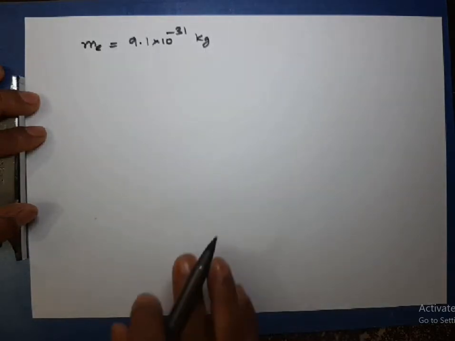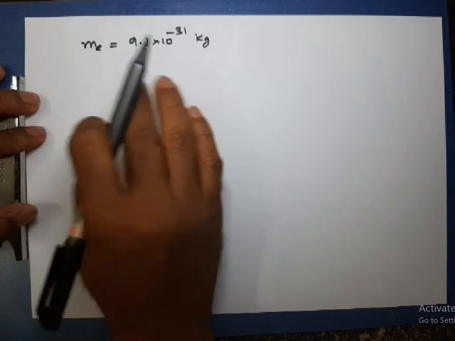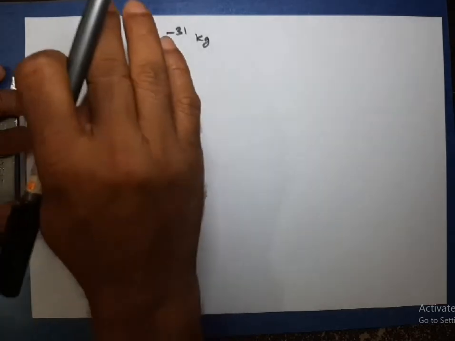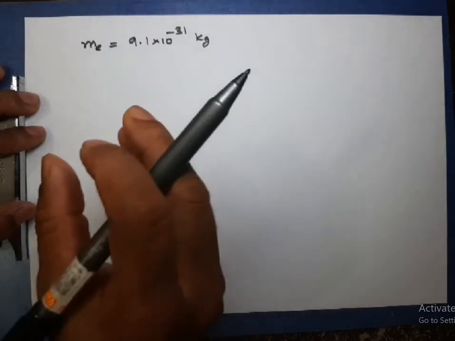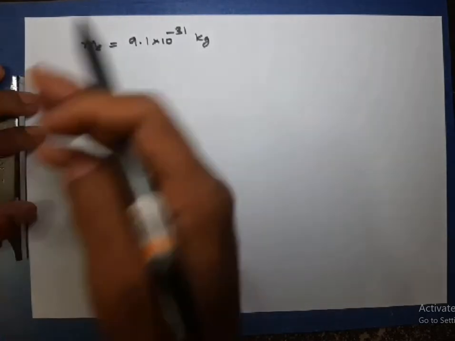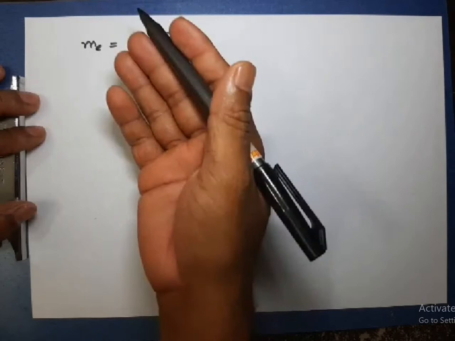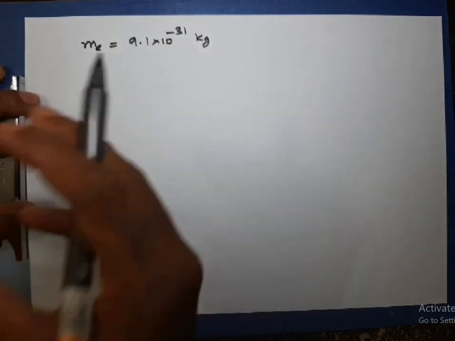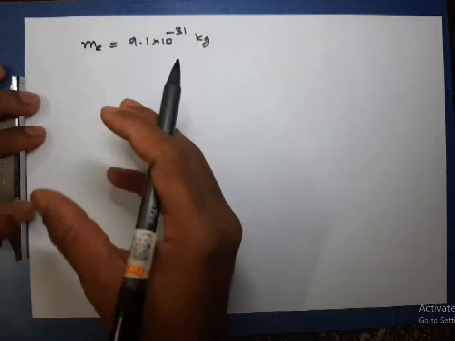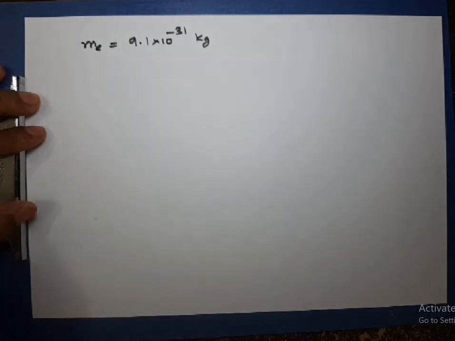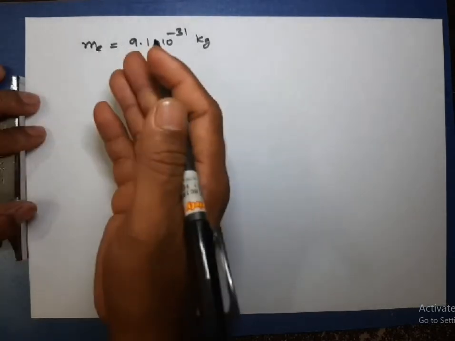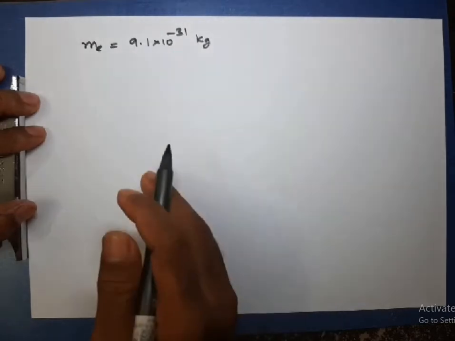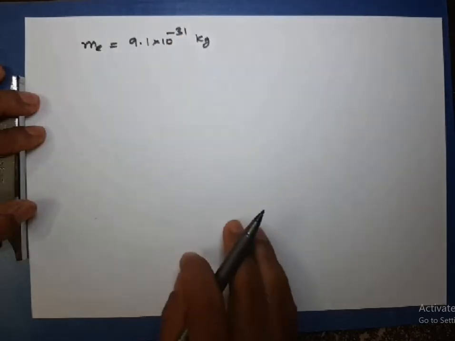Does the electron present in conduction band have the same mass? No. The charge carriers present in semiconductors, electrons in conduction band and holes in valence band, have different mass values compared to the rest mass.